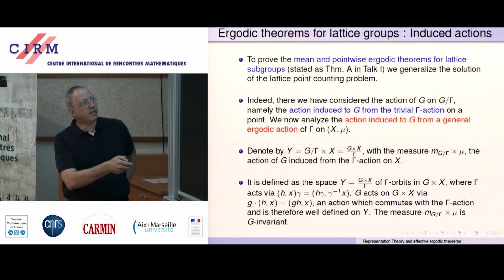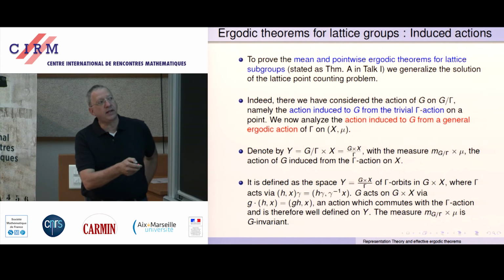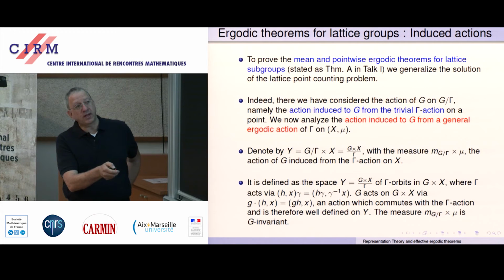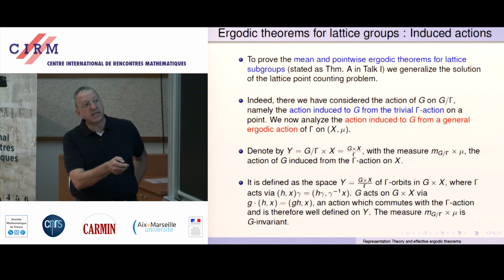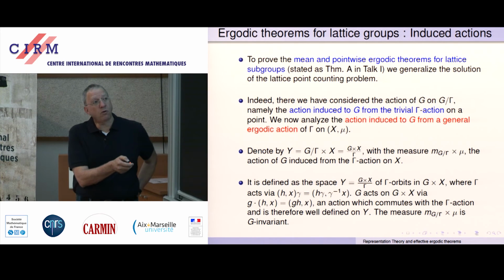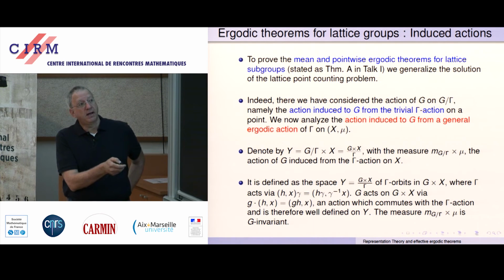We consider the action of gamma by shifting h in G on the right and acting on X as it does, by the inverse. And so gamma acts on G times X, and we have a certain space of gamma orbits. This is called the space induced by the gamma action on X.